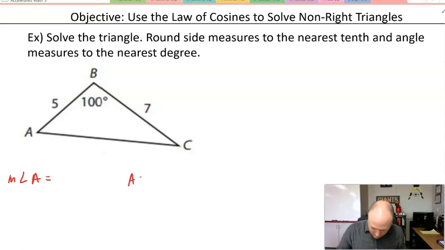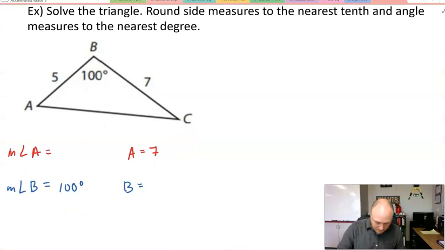Side A, that's 7. Measurement of angle B, 100 degrees, and big B, don't have it. Next, measurement of angle C, don't have it, but big C is 5.